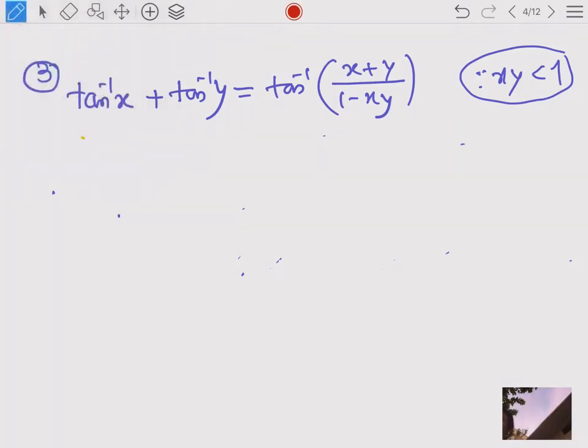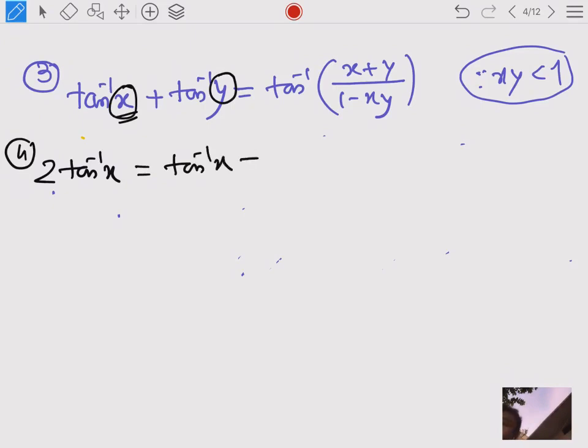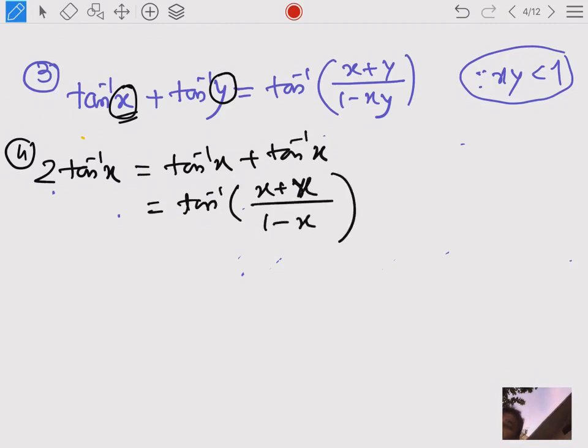If you want to find what is the value of 2 tan inverse x, it will be converted by this formula. This is x and it is also x, it means it is tan inverse x plus tan inverse x, and according to the formula it will be x plus x upon 1 minus x into x, that is 1 minus x square.